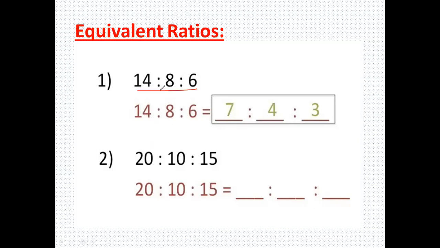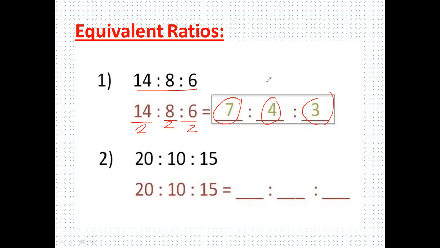We can divide this by 2 to get the equivalent ratio 7:4:3. 14 divided by 2 is 7, 8 divided by 2 is 4, 6 divided by 2 is 3. So that is an equivalent ratio.